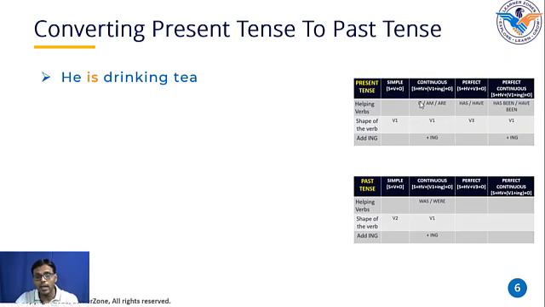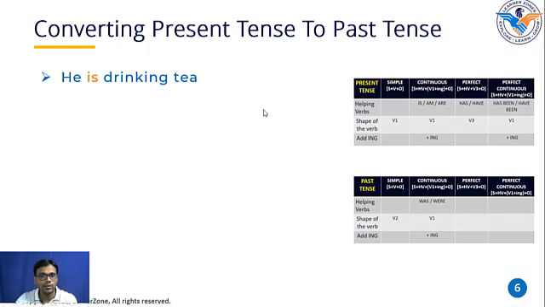To verify it further, we have to add a shape of the verb. Which shape of the verb? V1, and we have to add ing to make it present continuous tense. So we are using 'is' as a helping verb. Drink is the first shape of the verb, and we are adding ing to it. Hence proved, this sentence is in present continuous tense.